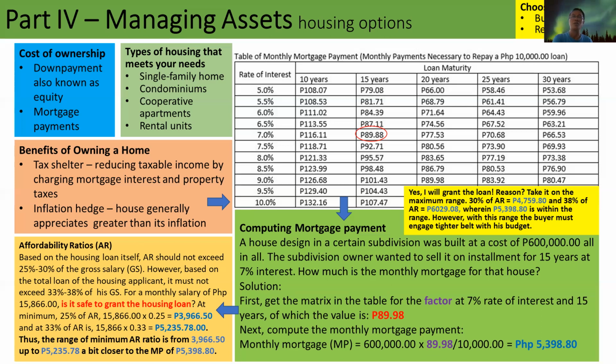So how are we going to use the table? The table is just a matrix. No? If say, for example, the real estate mortgage is 8% at 25 years, so you go on the matrix. So the factor is 77.19. Nakita nyo, class?